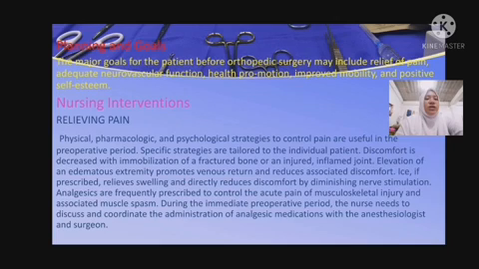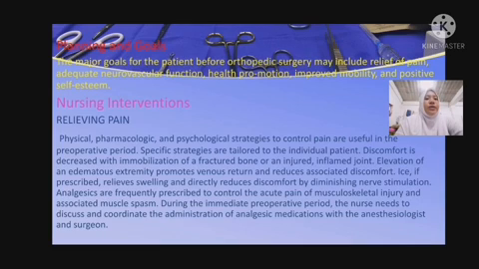Discomfort is decreased with immobilization of a fractured bone or an injured, inflamed joint. Elevation of an edematous extremity promotes venous return and reduces associated discomfort. Ice, if prescribed, relieves swelling and directly reduces discomfort by diminishing nerve stimulation.